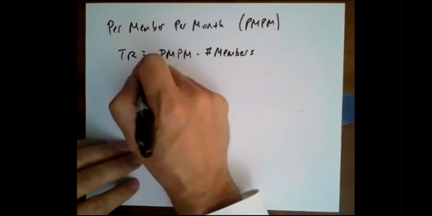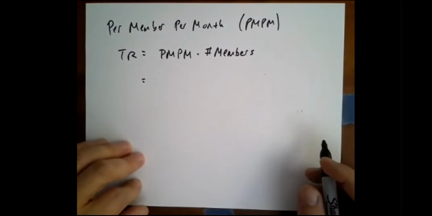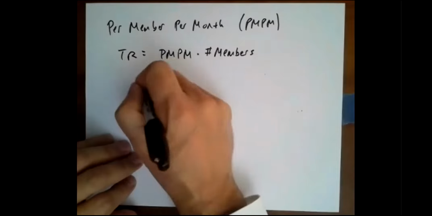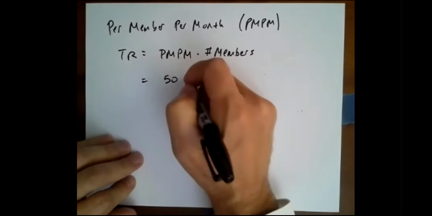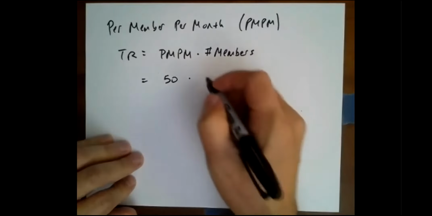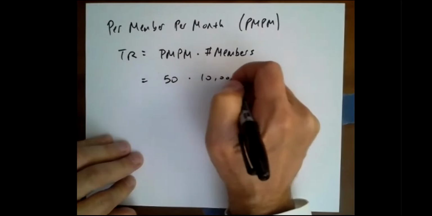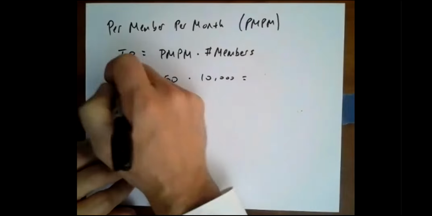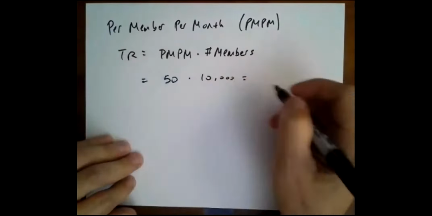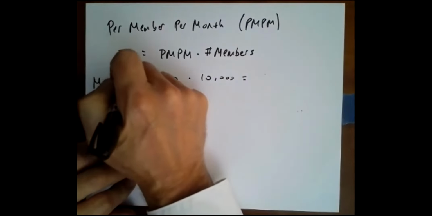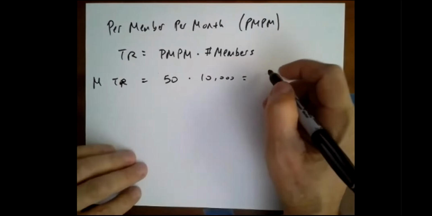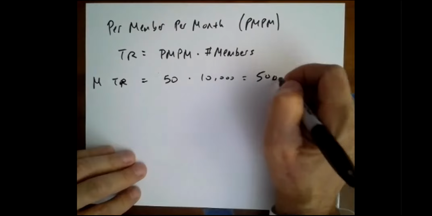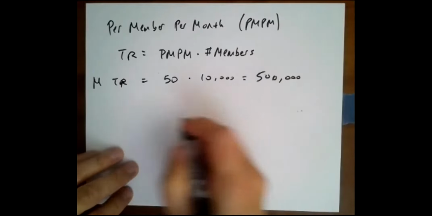So if the per member per month charge is, say, $50 and the number of members covered is 10,000, then the monthly total revenue is 50 times 10,000, or 500,000.